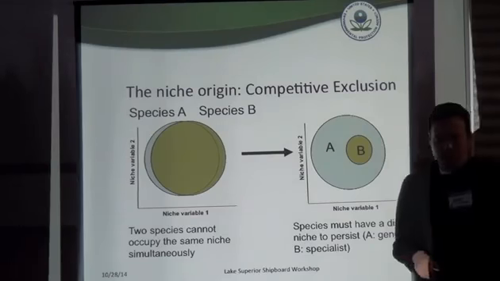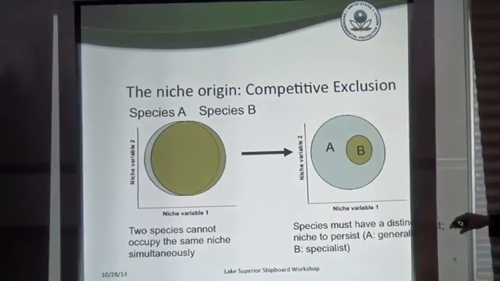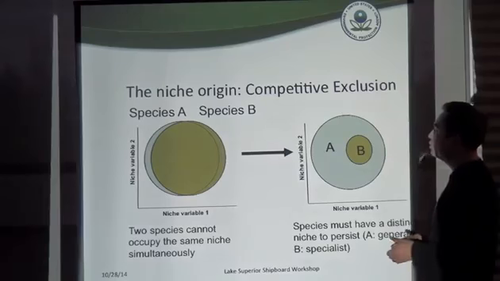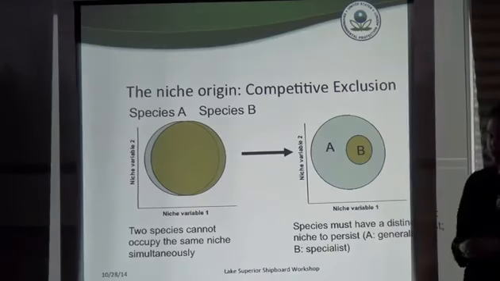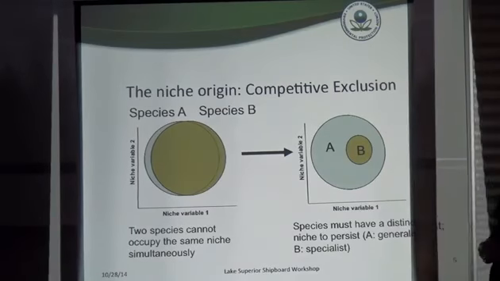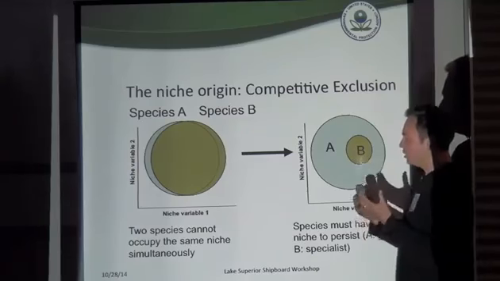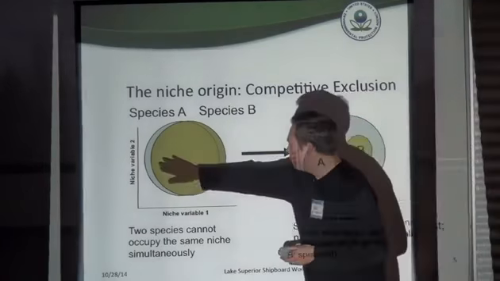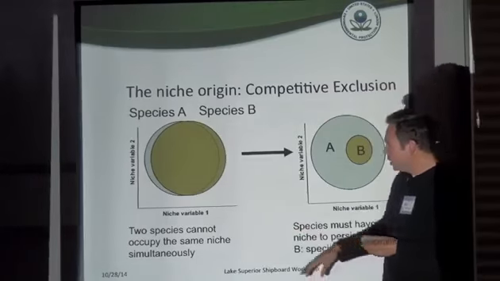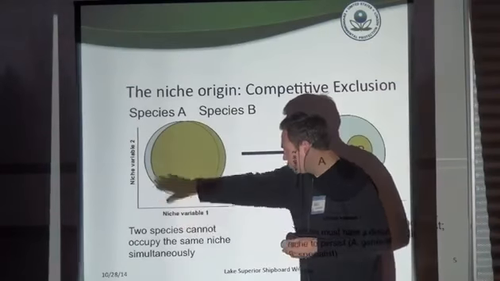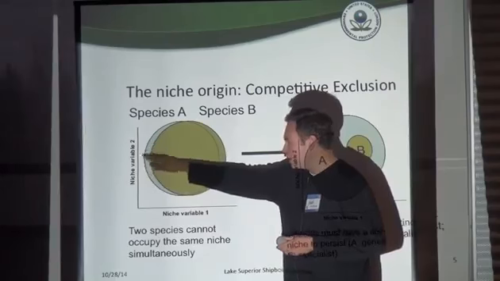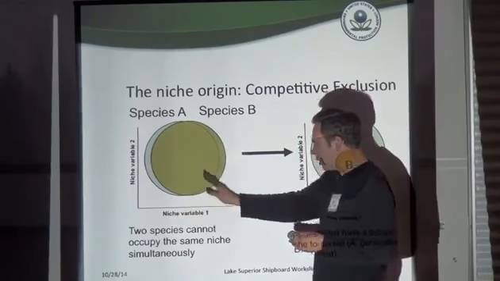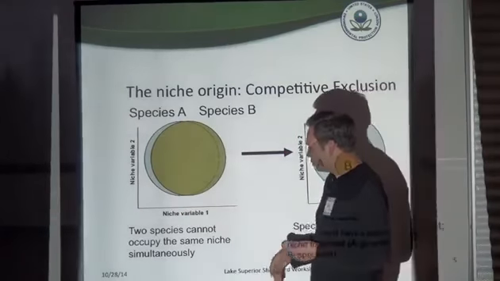The origin for all of these theories is actually older than the theory itself, and it comes down to an idea of competitive exclusion. And if you teach physics, this might sound familiar. This is the biological analog. But the simple idea is, if you have species A here in blue and species B here in yellow, and we were to map them in niche space, so pretend that's temperature, that's cover, or soil moisture or something.